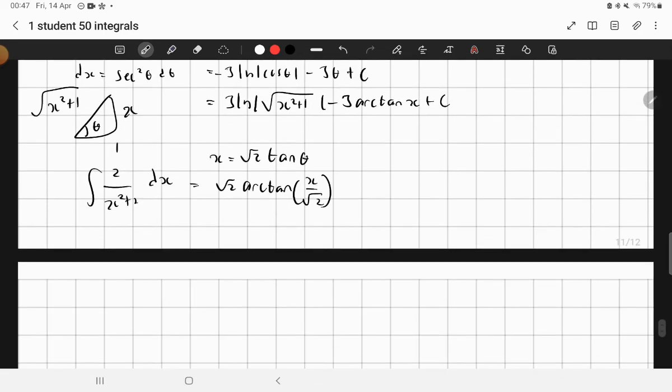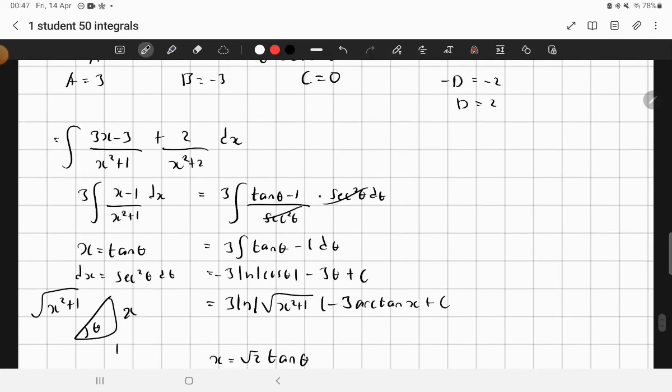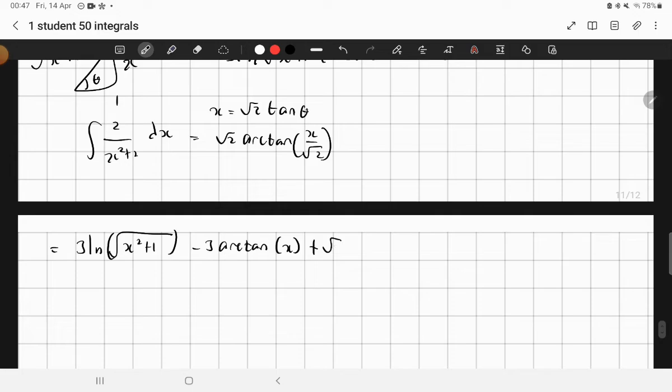This means that we have evaluated the integral as 3 ln square root of x squared plus 1. I'm going to get rid of the absolute value because it doesn't matter. Minus 3 arctangent of x, plus square root of 2 arctangent of x over square root of 2.